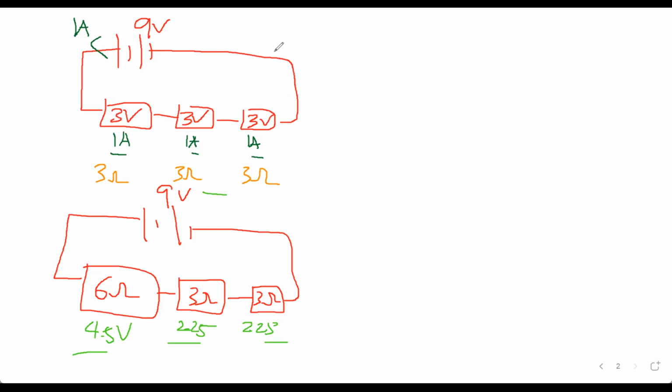What about the current? Good. What about the current? How much will the current be? Think about it. Right now, if I want to find the total current here, right? What information do I need? The resistance. Good. I need to find the total resistance, and I need to have the total voltage, right? Which, according to my Ohm's law formula, will be I equals V over R, right?